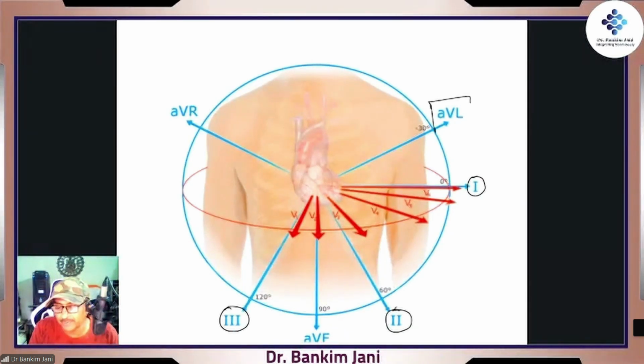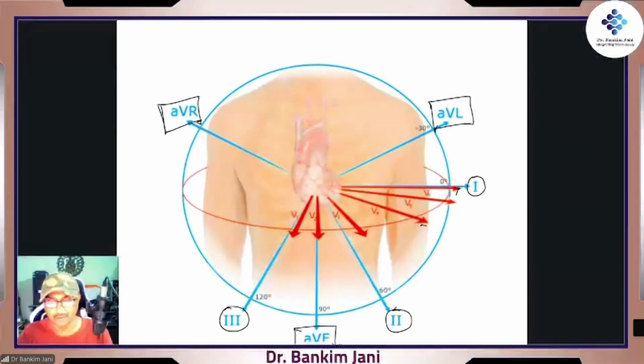And then we'll also be talking about aVR, aVL, aVF. This V1, V2, V3, V4, V5, V6, we won't be touching them initially. But you got the whole complete picture that this is how things are.